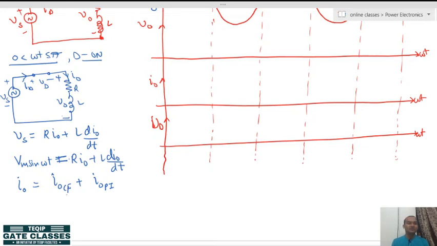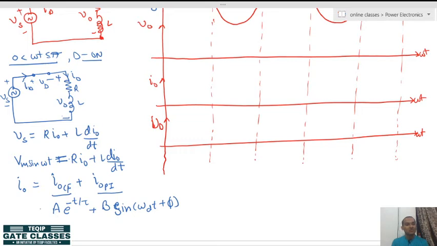We get this function in the form of a e to the power minus t upon tau, something like that, and the particular integral part gives the sinusoidal part, like b sin of omega t plus phi.